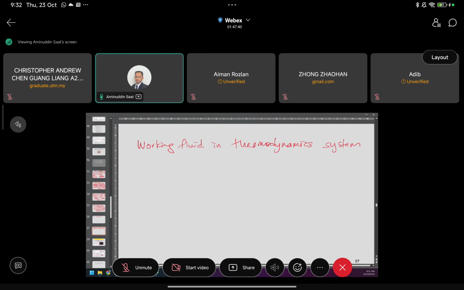So we have learned the water properties. We learned about the refrigerant properties. Okay, even though we're not doing many examples, you can do it later. And the third one is the air or gas.